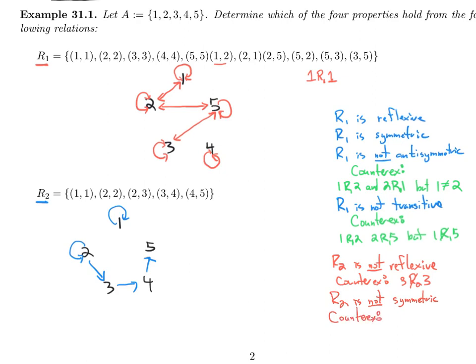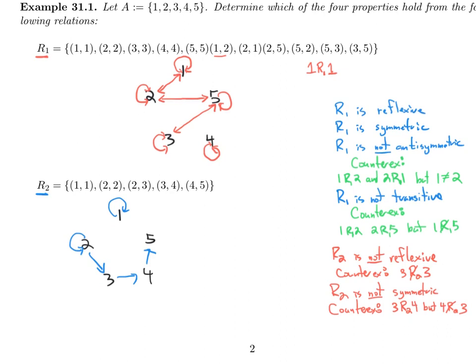You could do 2, 3, 3, 4, or 4, 5. Any of those will work anytime you have one of those single-sided arrows. So 3 is related via R2 to 4, let's say, but 4 isn't related to 3. Let me scroll up to make a little more room here.